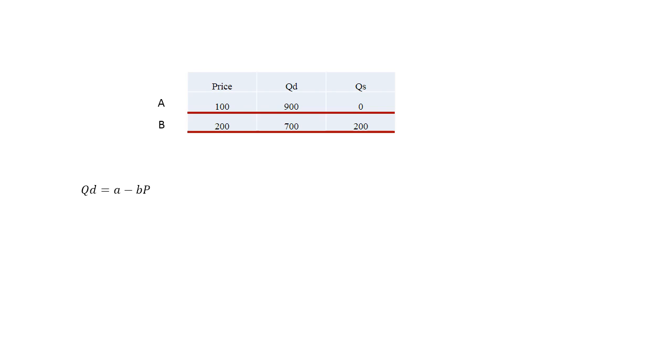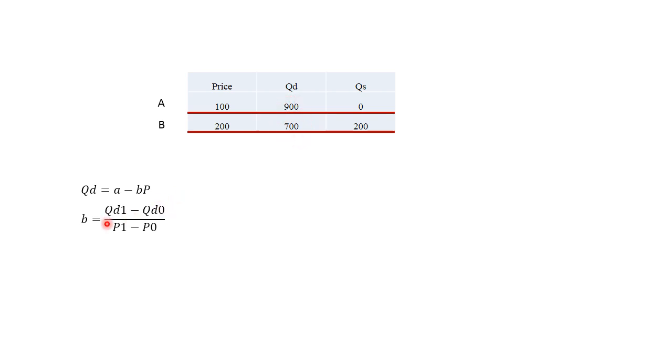The first thing you have to find is B. So what is the formula to get B? B is equal to (QD1 - QD0) divided by (P1 - P0). QD1 is equal to 700 and QD0 is equal to 900.